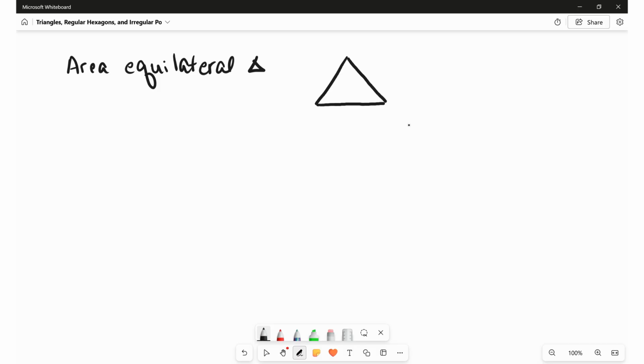And we are going to say that our triangle, each side measures 3 feet.